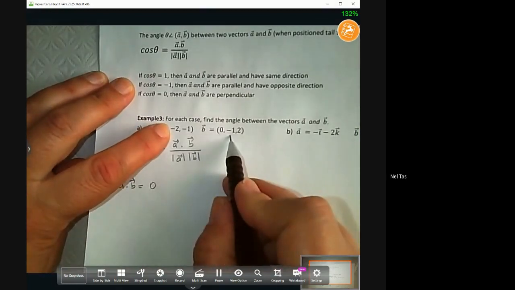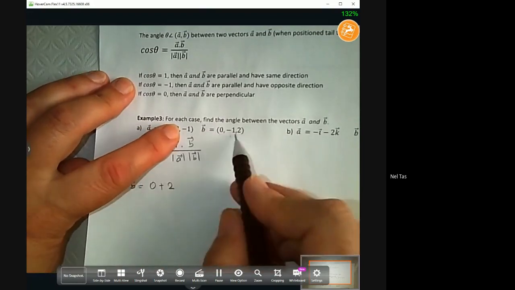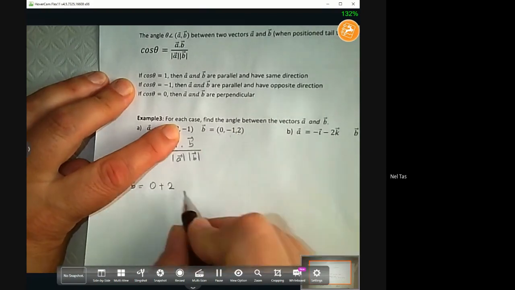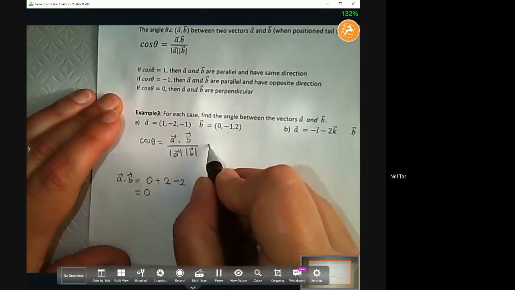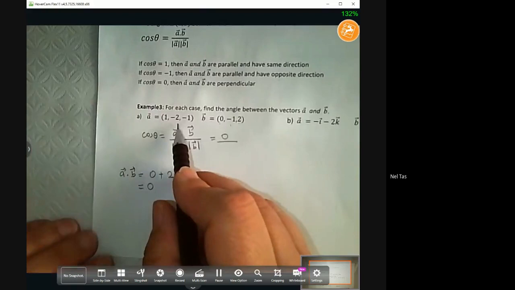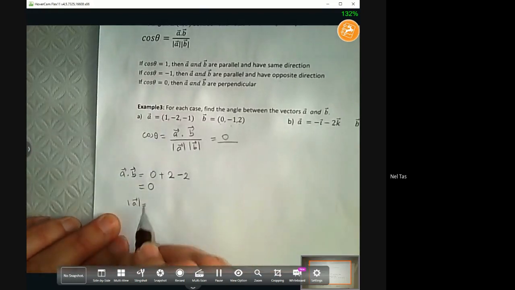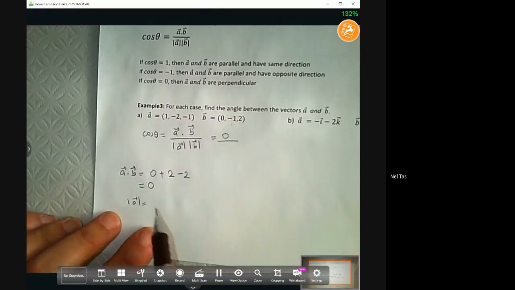Y coordinates, -2 times -1 gives you +2. -1 times 2 is -2. So you get 0. So A dot B is 0. Well, it doesn't even matter what the magnitudes are. You could calculate the magnitudes, but since the numerator is 0, you will end up with 0 for sure.